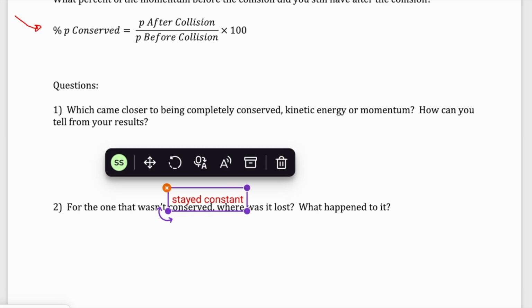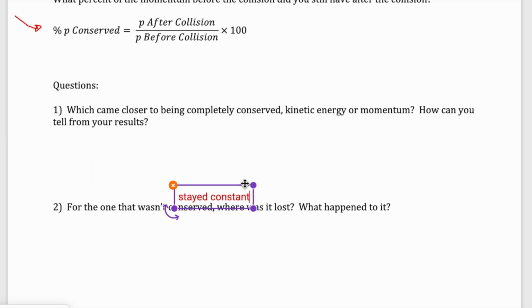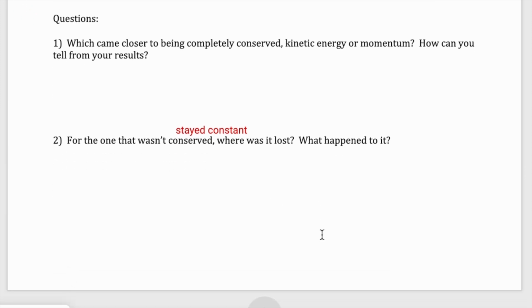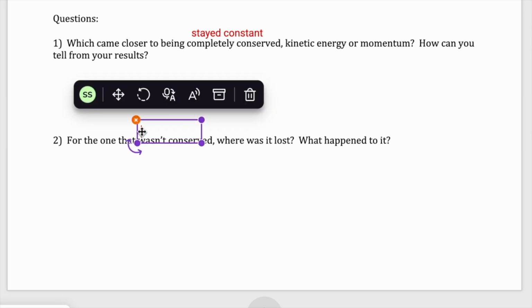So when I say that one of them should be conserved, one of them should have stayed constant. The one that was completely conserved should have stayed constant. For the one that wasn't conserved, that's the one that actually changed. Wasn't conserved means it changed.